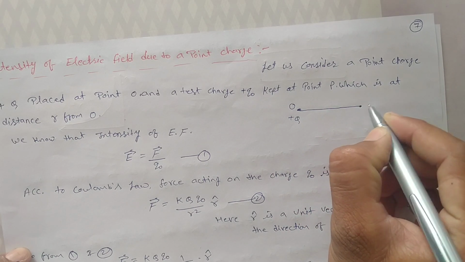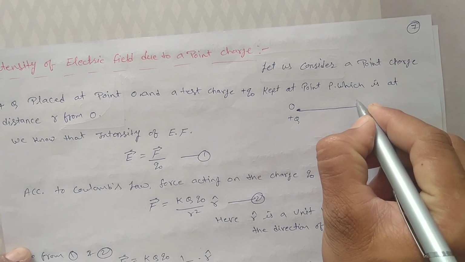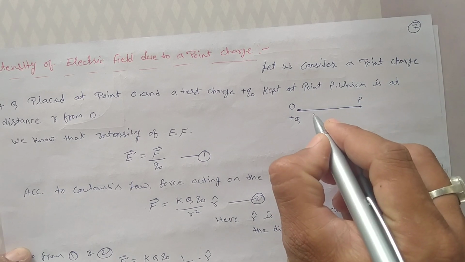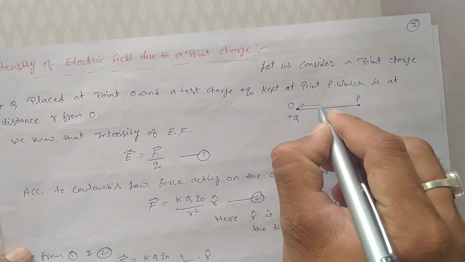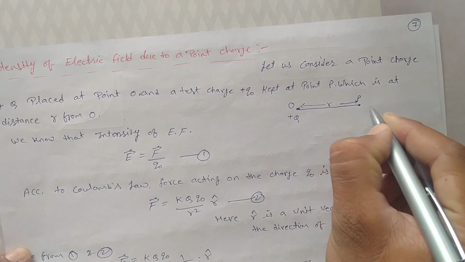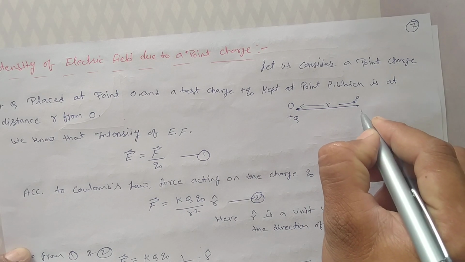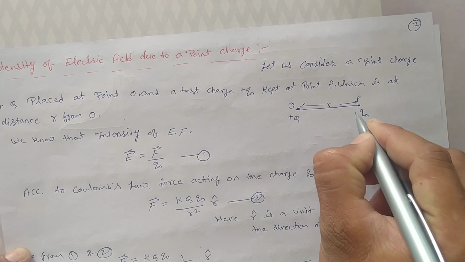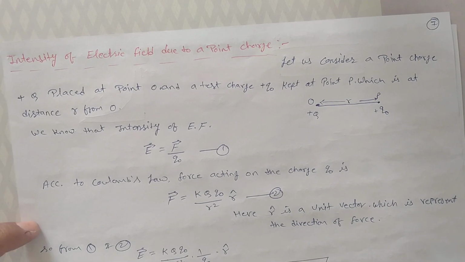Here the testing charge plus Q naught is balanced.